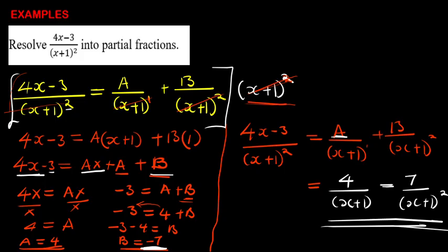Okay, now let's go to the second question. On the second question, you have this function which is here. Now, how do we answer this type of function? So the first thing that you do, let's write, we have x minus 1, then (x minus 2) to the power 2, then equal to.